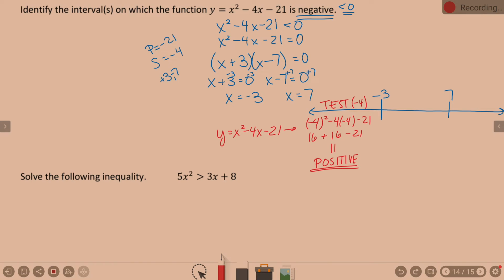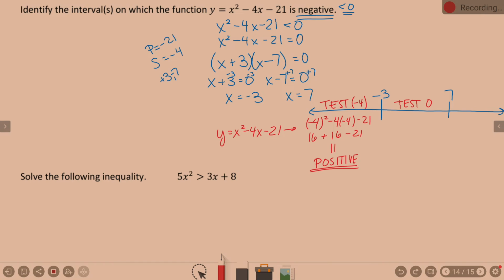Okay. Number between negative 3 and 7. 0. I personally am going to use 0 every time. If you want to use 1, go for it.